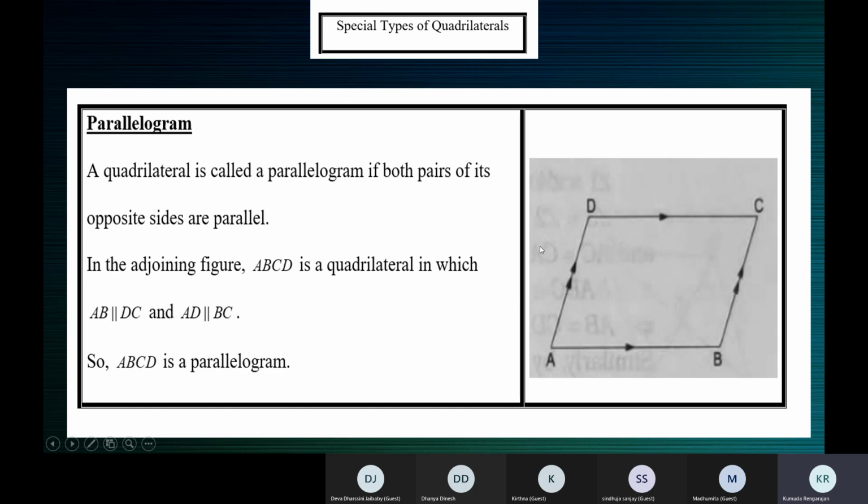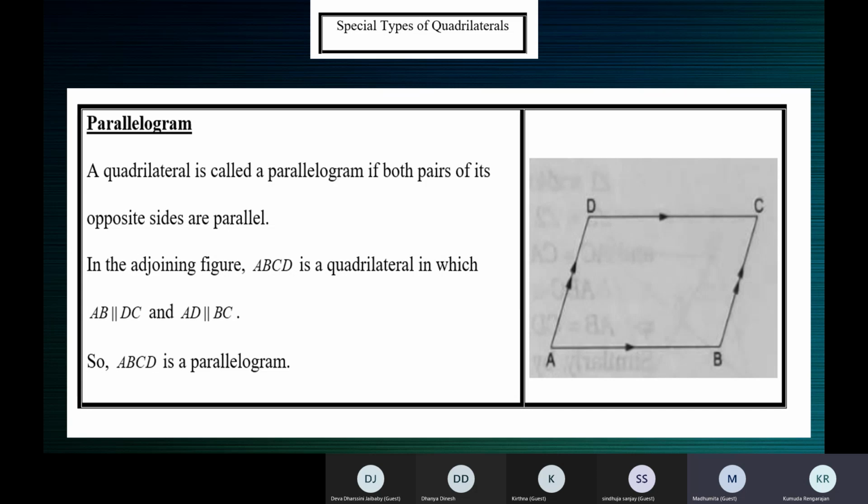Now this last property which you've written says adjacent angles are supplementary. They're not equal, they're supplementary. What are supplementary angles? They measure up to 180 degrees, ma'am.